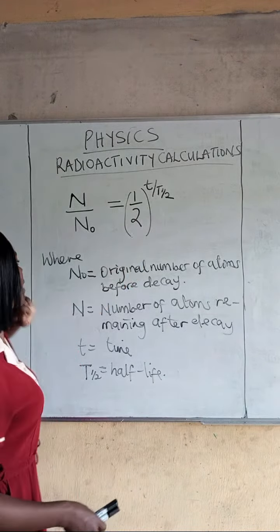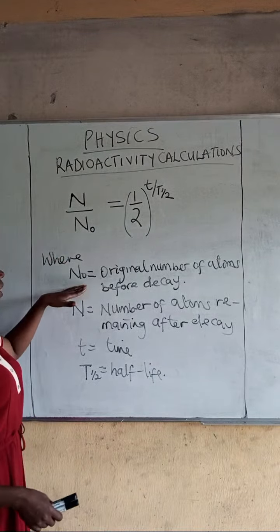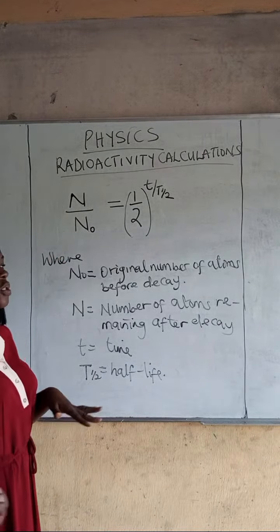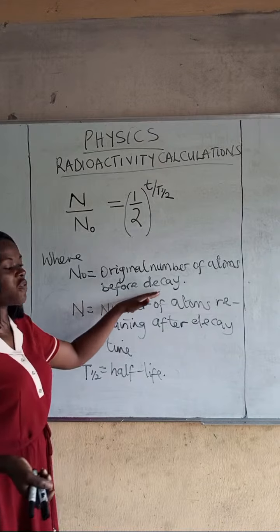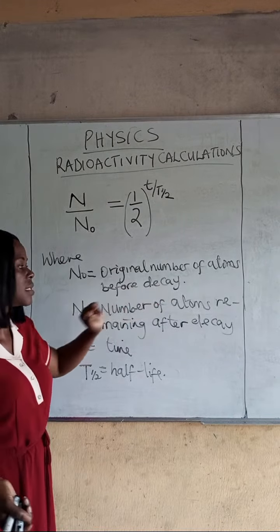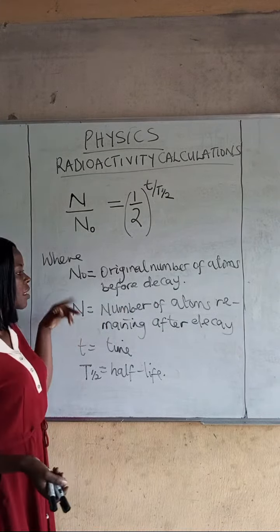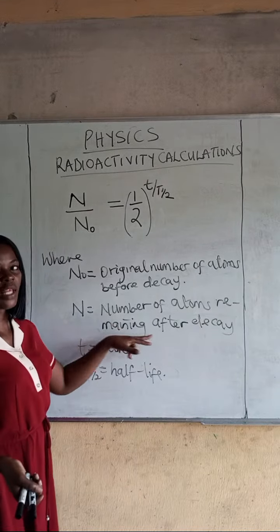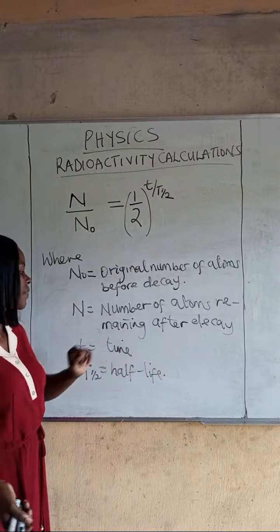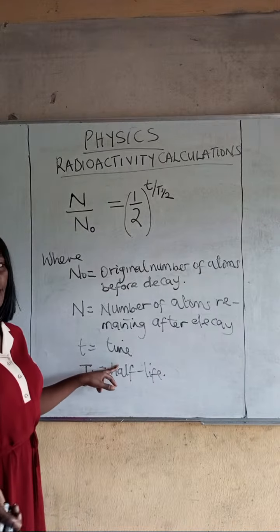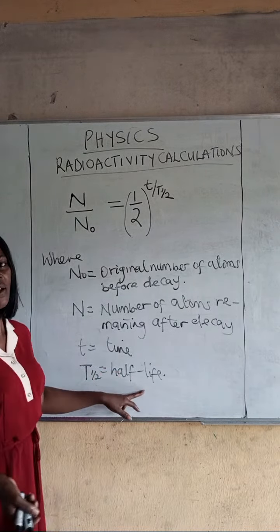Okay, now what is our N naught? Original number of atoms before decay, right? Now what is my N? Number of atoms remaining after decay. Then t is time and t half is half-life.